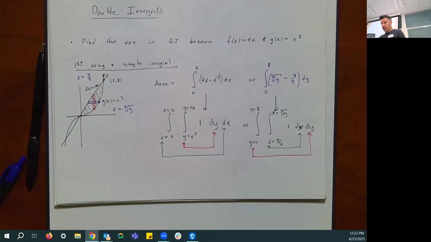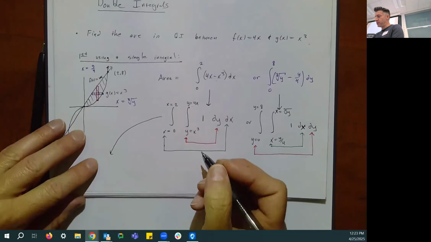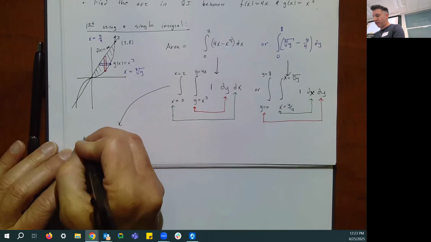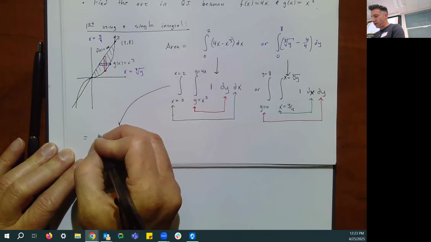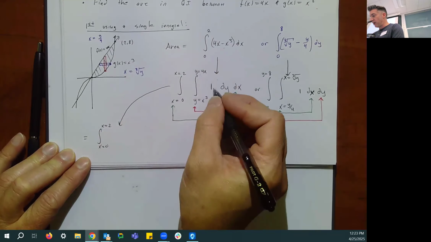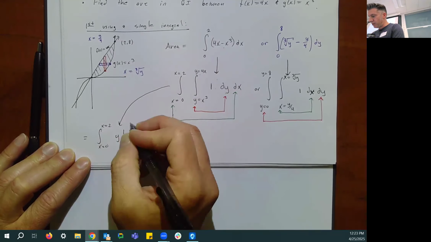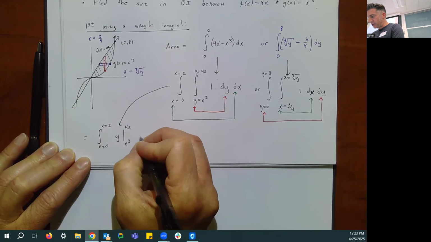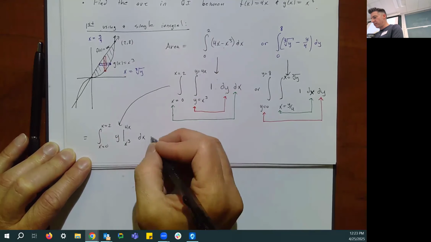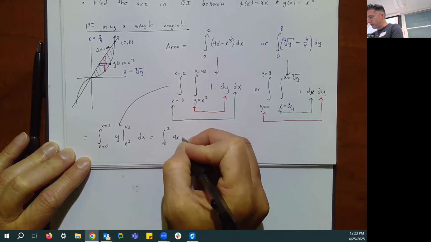So we could actually solve it, right? If we do this first one, I'm going to write it out, even though it's already written up here: the integral from x equals 0 to x equals 2. We integrated 1, we got y evaluated from x cubed to 4x, dx. We plug in, we get the integral from 0 to 2 of 4x minus x cubed, right?